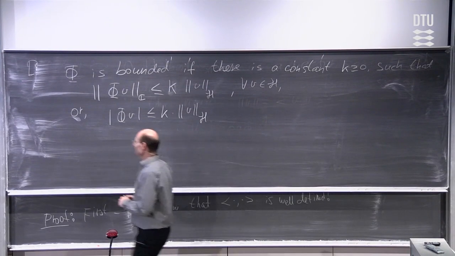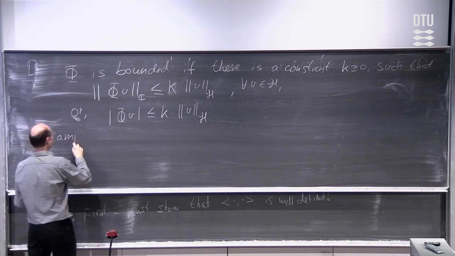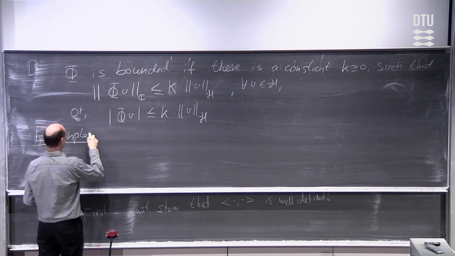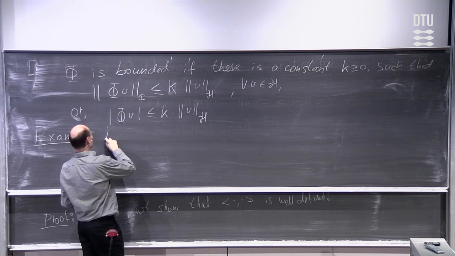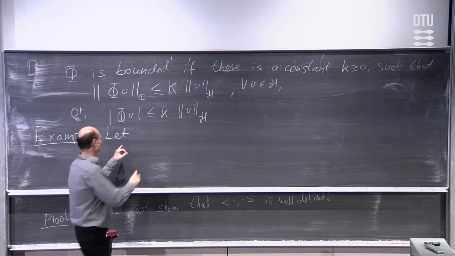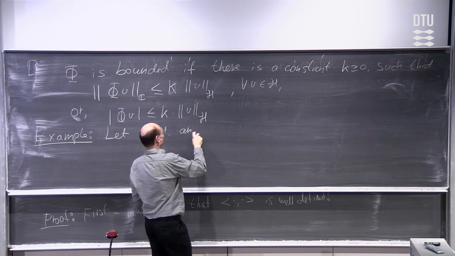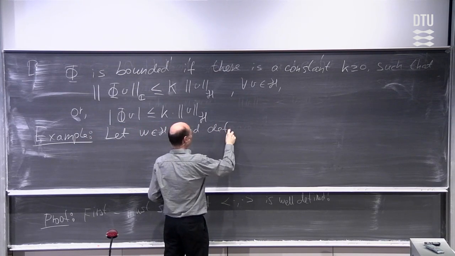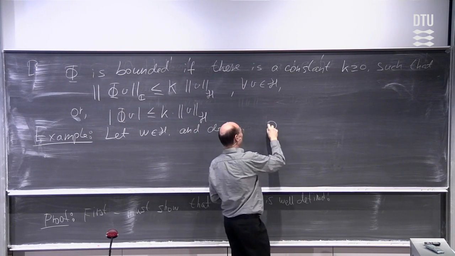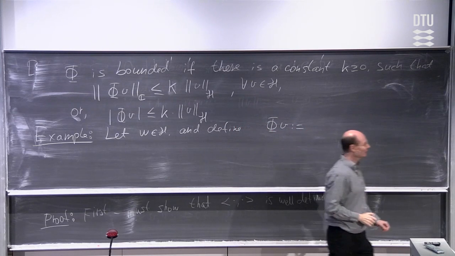So let's look at a small example. Let's pick any element in our Hilbert space. Let's take any w. And then we define phi of v.